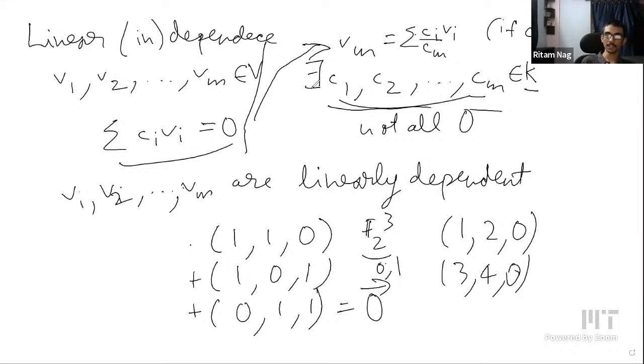And if, say, cm is non-zero, then you can think of vm as being a linear combination of the other vectors. Since one of the coefficients is non-zero, there's some vector which is a linear combination of all the other vectors, right? So that's what we mean by linear dependence: a vector can be written as a linear combination of the other vectors.